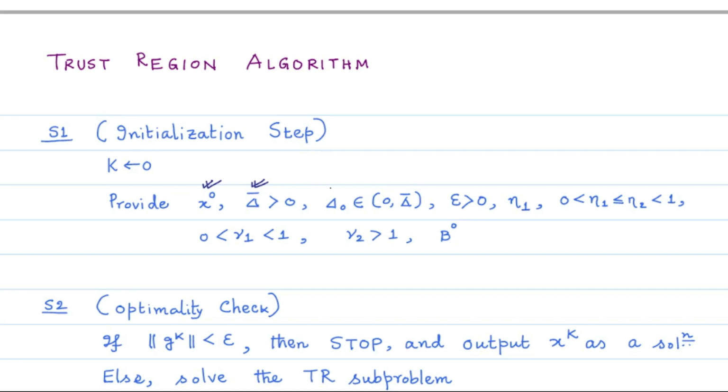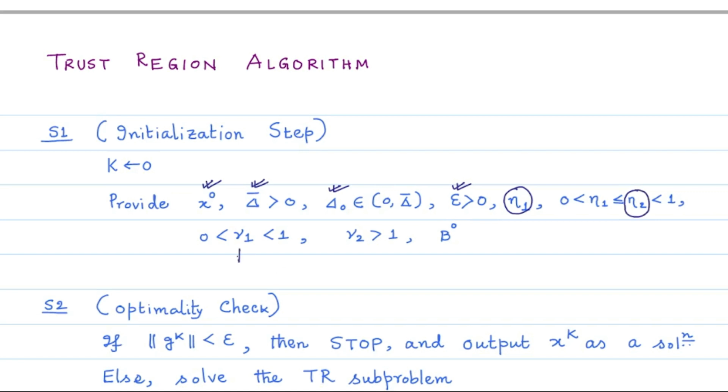We also provide an initial trust region radius delta_0. We provide a precision value epsilon, a precision scalar. We provide the threshold value eta_1 for the reduction ratio rho_k. We also provide a happy threshold value eta_2.